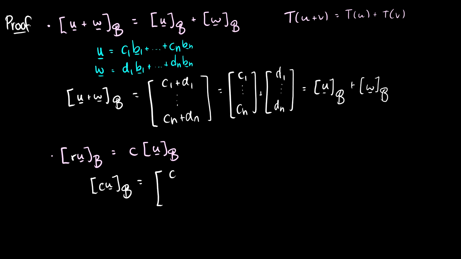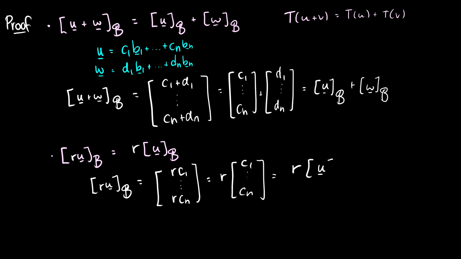Let's use r. Okay, ru, so this will be r times c1 all the way down to r times cn. We can factor out the r from each of these, so this is just r times the vector c1 all the way through cn, and this will just be equal to r times the vector u relative to B. So the two conditions here hold. Therefore, this is a linear transformation.